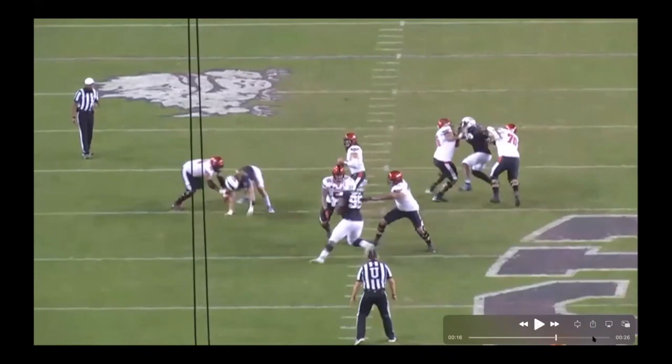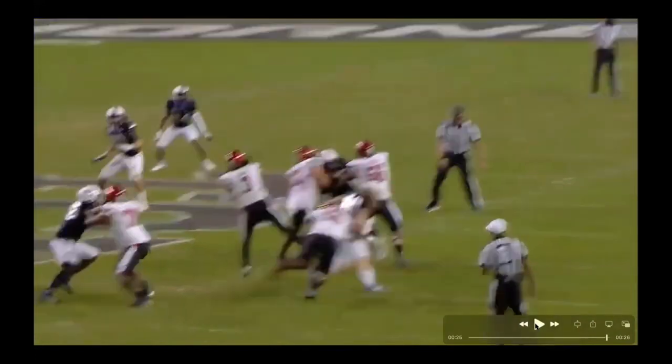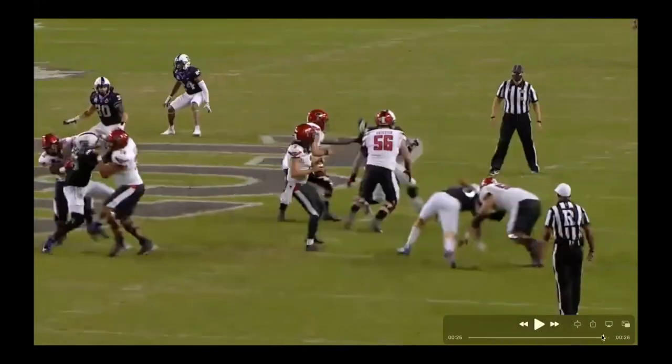I think I got a reverse end zone view as well. Right here, I can't see his hand, but one thing I know is that is not a natural body. That's not natural at all. So I know that the defender got yanked down, but I can't see the right tackle's hand. So speak to that if you can.